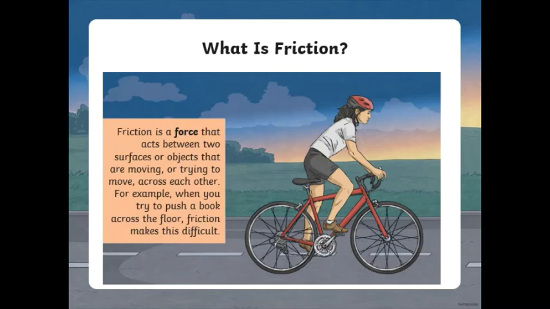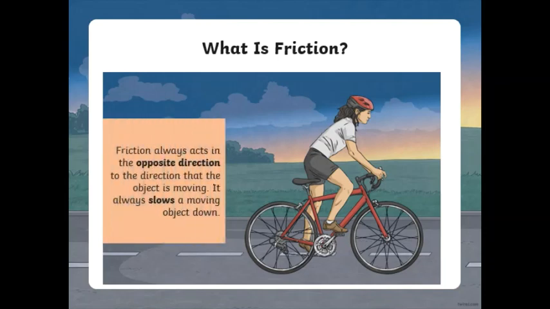Friction is a force that acts between two surfaces or objects that are moving or trying to move across each other. For example, when you try to push a book across the floor, friction makes this difficult. Friction always acts in the opposite direction to the direction that the object is moving. It always slows a moving object down.